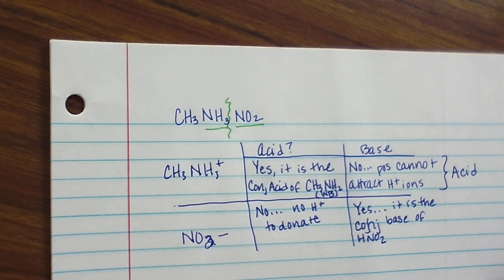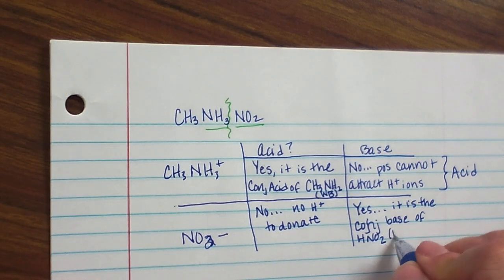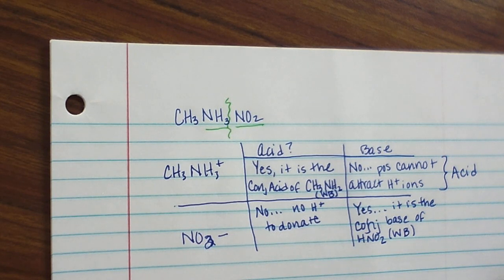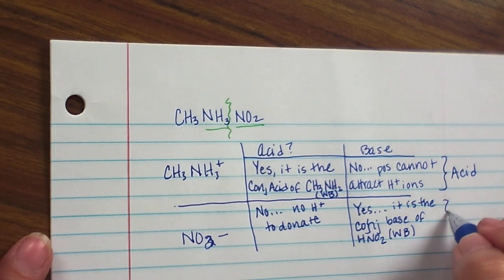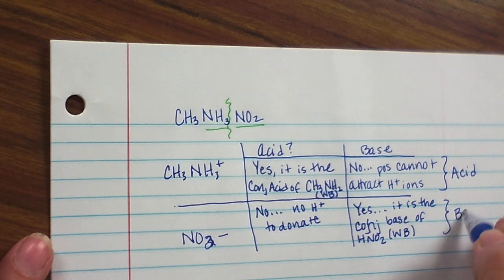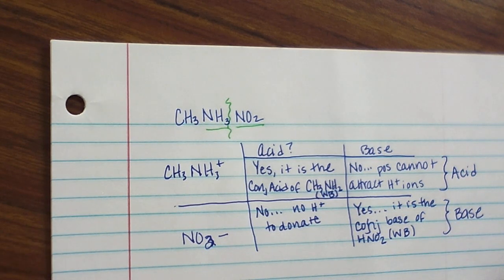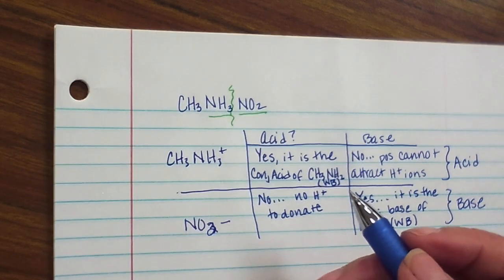So that's a weak base. Okay. Now, that means that this is a base. So you might think that this is going to neutralize, but it's not. All right, it's not going to neutralize.